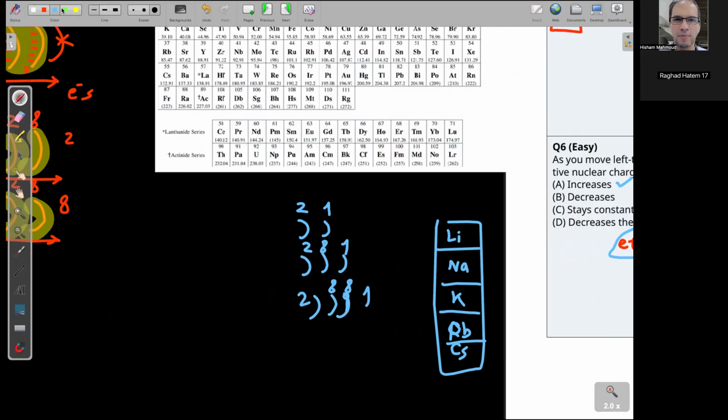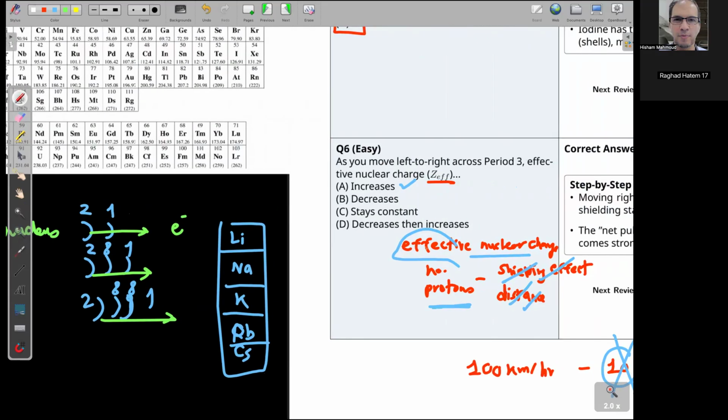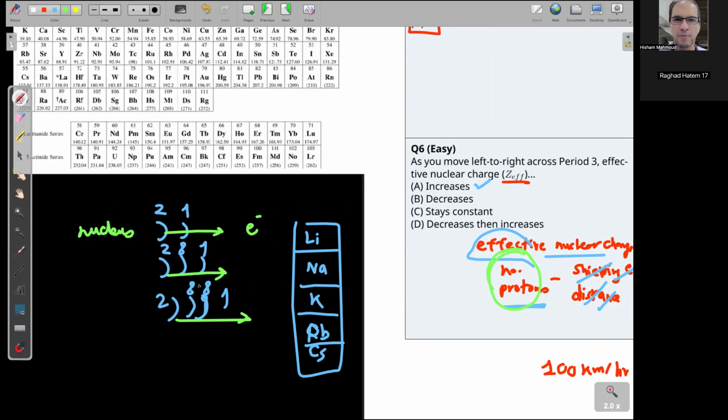Is the distance the same in all of these? No, it's getting bigger, right? So what happens when it gets bigger? The electron gets far away from the nucleus attraction. Now there is something that decreases the effect of the protons: the distance. What else? The shielding.